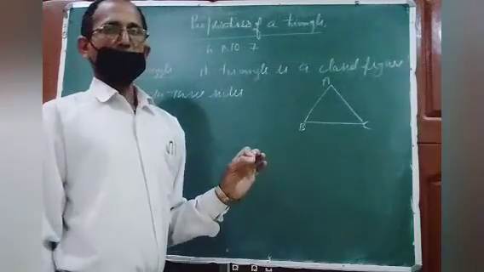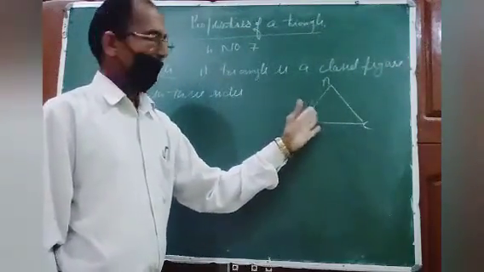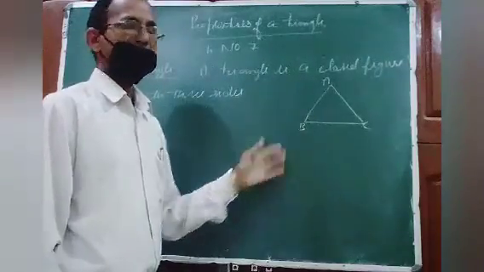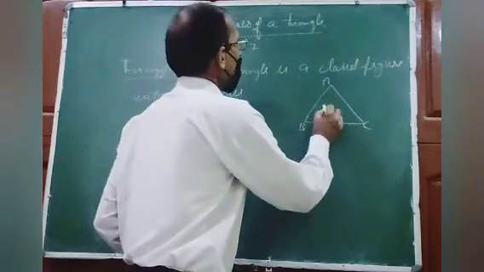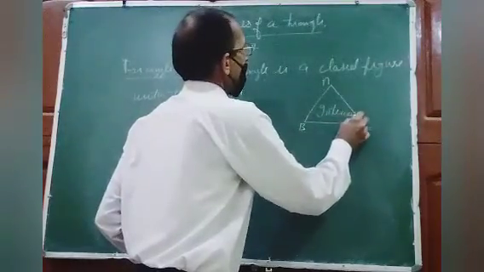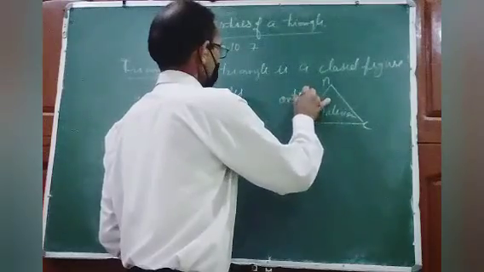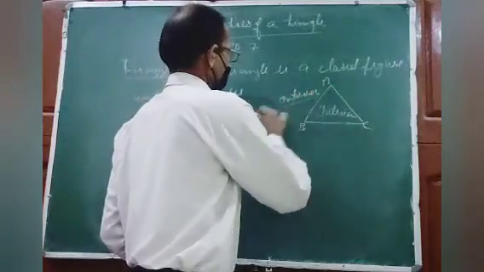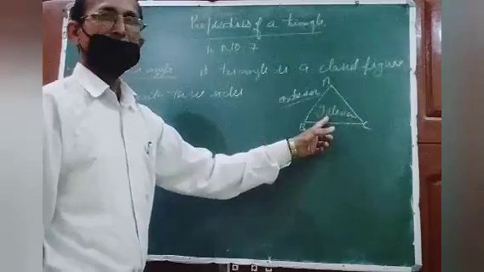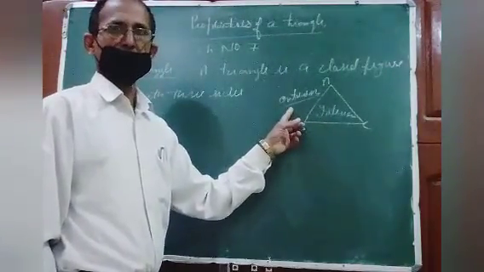So there are two parts of a triangle. One is interior and the other is exterior. Inside of the triangle is called the interior part, and this is the exterior.